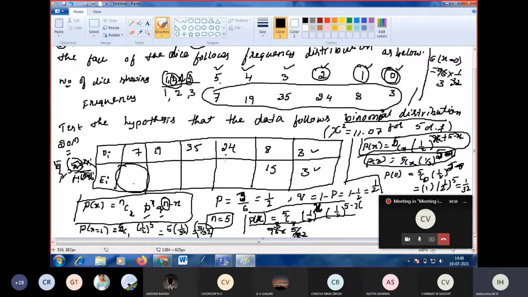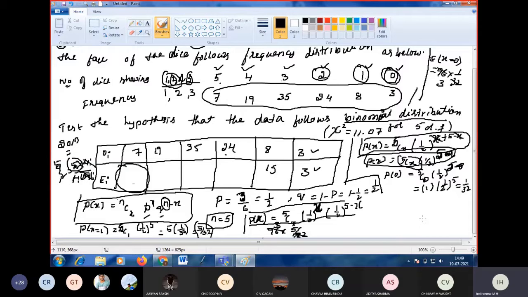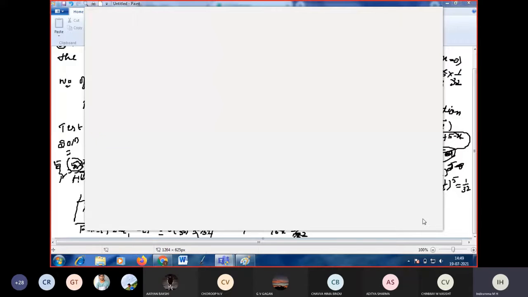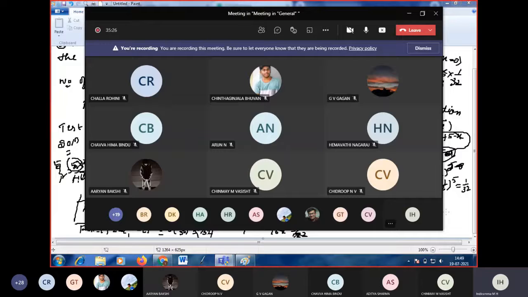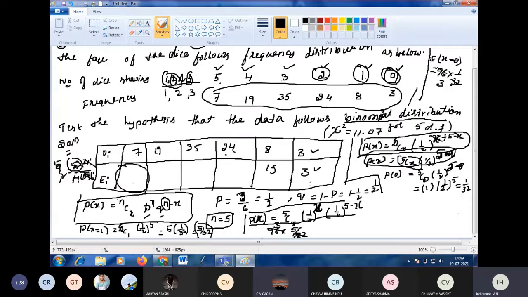Okay, next, when x equal to 2, tell me what answer you got. Here you put x equal to 2, 5C2 into 1 by 2 power 5. What is 5C2? 5C2 is 10, so 10 by 32.